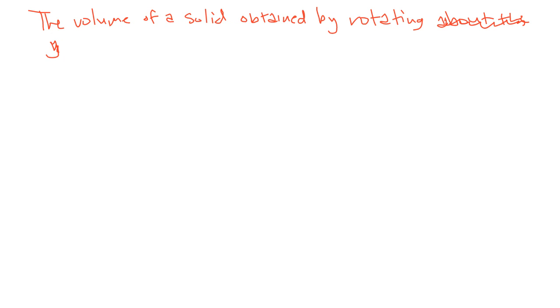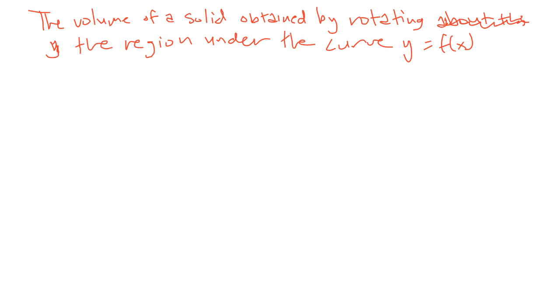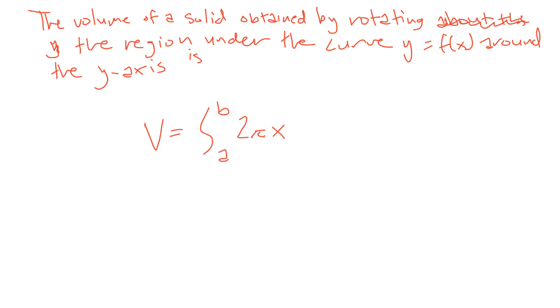By rotating the region under the curve y equals f of x around the y-axis is V equal, from our bounds a to b, 2 pi x f of x dx, which goes back to that 2 pi midpoint x times f of midpoint x times delta x, which we just did earlier.